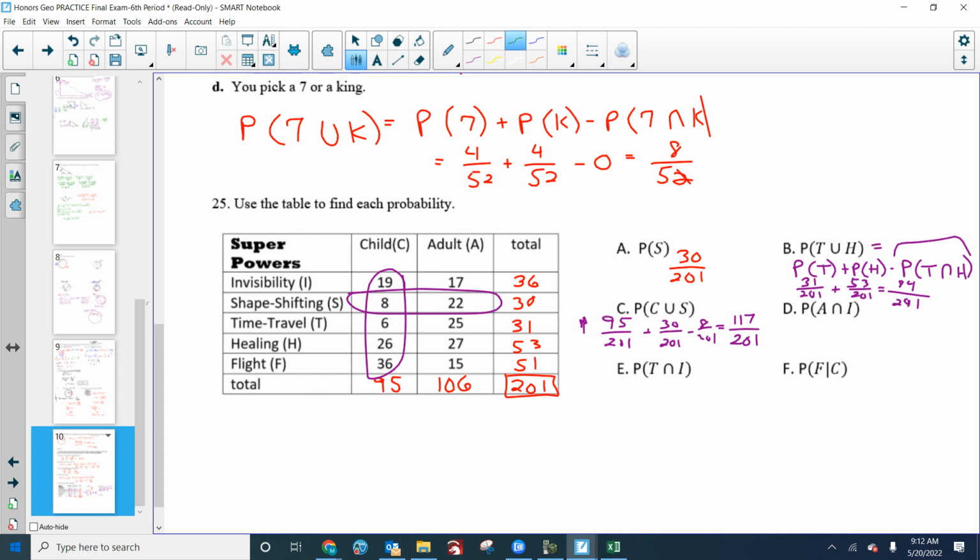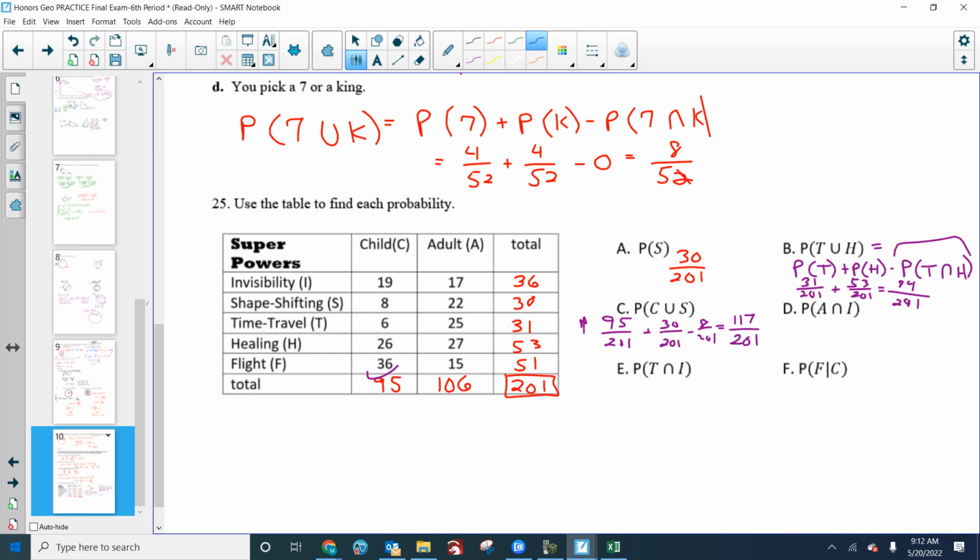Questions on that? Now, some people still struggle with the "and." Yes, you can multiply. But do you remember, there is an independent multiplication rule and a dependent multiplication rule? Like the dependent would be I pick a card out, I didn't replace it, I pick a second card.